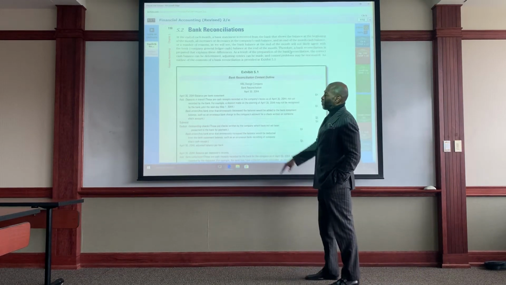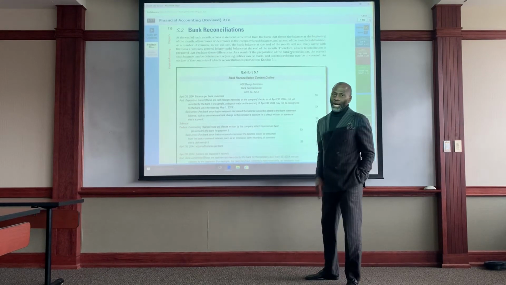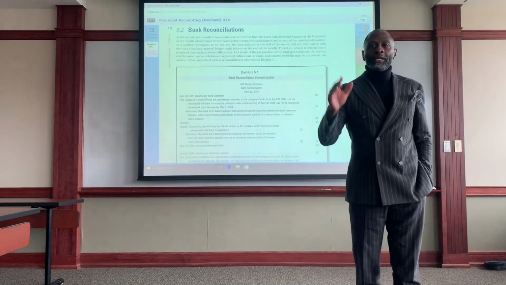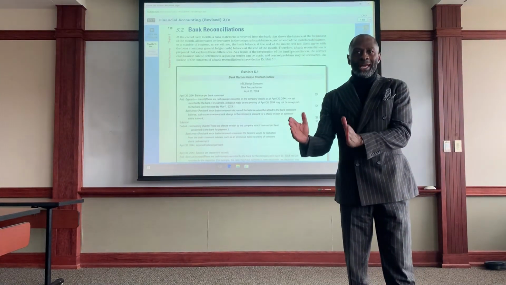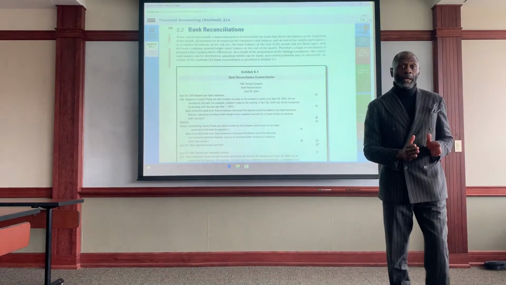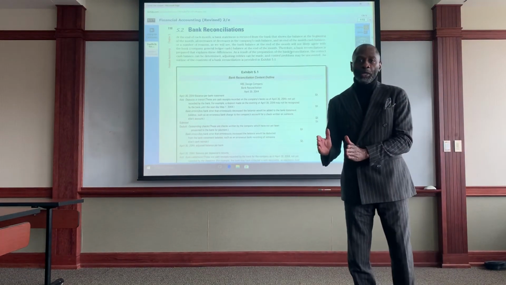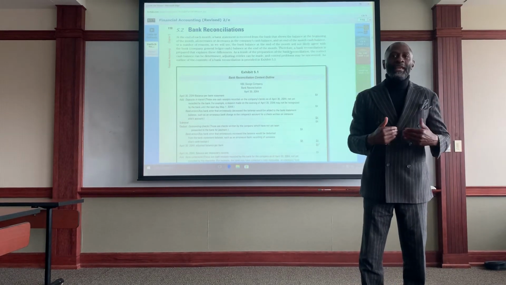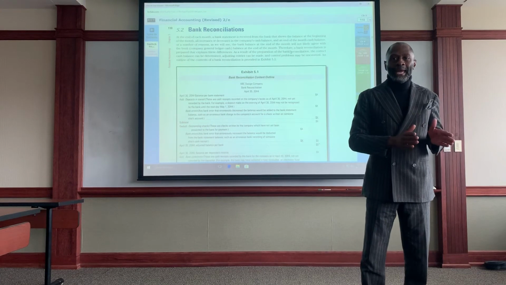The next step is you want to deduct any outstanding checks. These are checks that you've written and deducted on your cash ledger that the bank has not yet received or cleared yet. These are checks that you wrote on your books that went out to pay vendors, but the bank has not received it to deduct it from your bank balance.